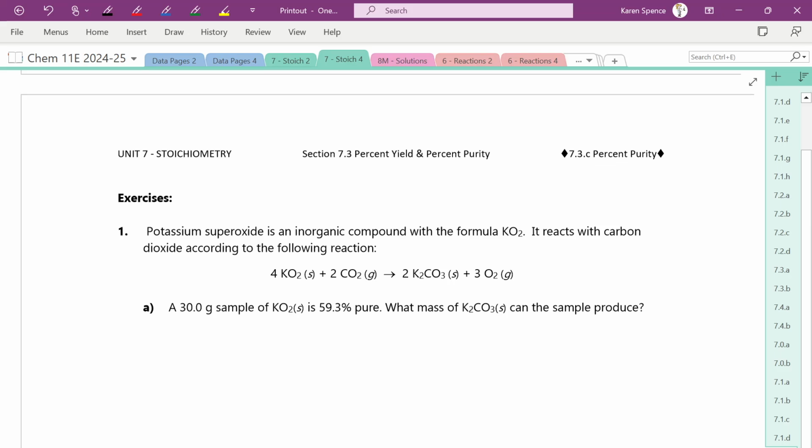Oh, something that we talked about in the first class, someone mentioned that percent purity is to do with the reactant. Percent yield is to do with the product. Percent purity is to do with the reactant. Percent yield is to do with the product.